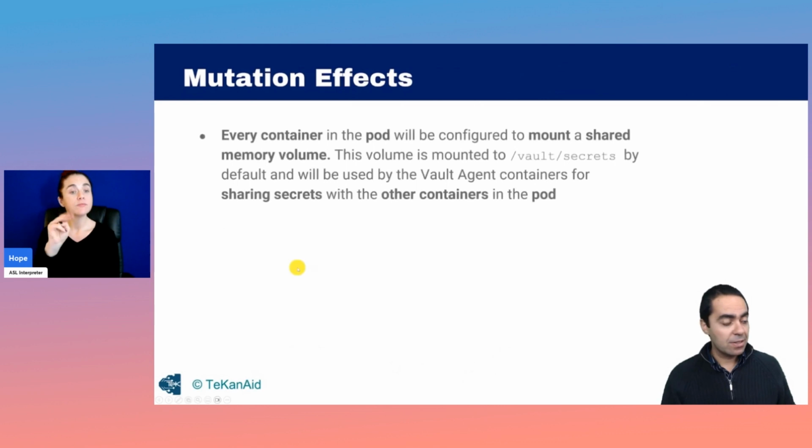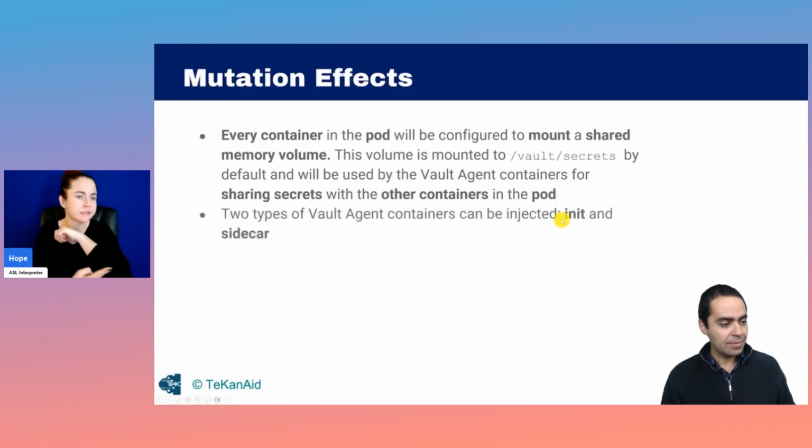So, mutation effects. Every container in the pod will be configured to mount a shared memory volume. This volume is mounted to the path /vault/secrets by default. Of course, that's configurable, and it will be used by the Vault agent containers for sharing secrets with the other containers in the pod.